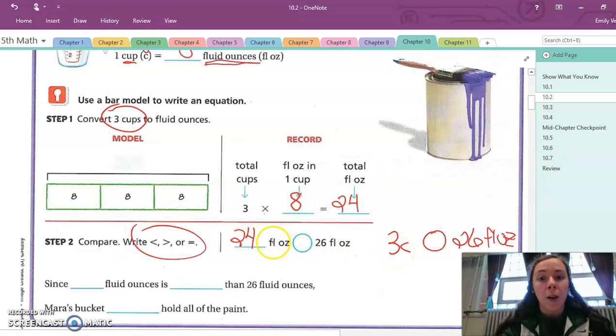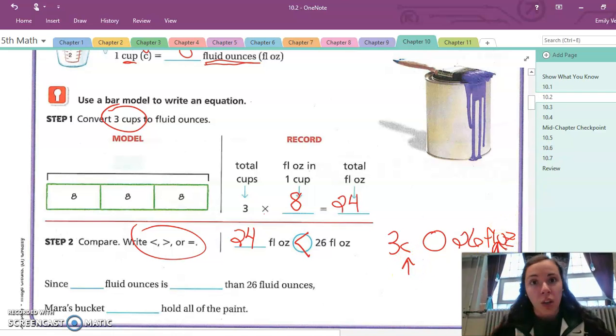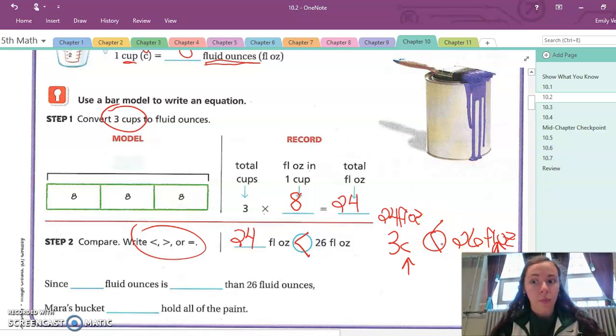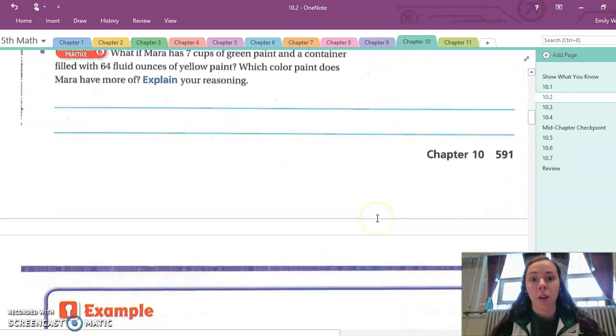So then we would compare them. 26 fluid ounces is greater than 24 fluid ounces. If it was written like this, we would have to go from one to the other. We'd have to figure out how many cups are in 26 fluid ounces or the other way around, and then we could write it down. So 3 cups is the same as 24 fluid ounces, which means 26 fluid ounces is still greater. Okay, just like we did in the last video.